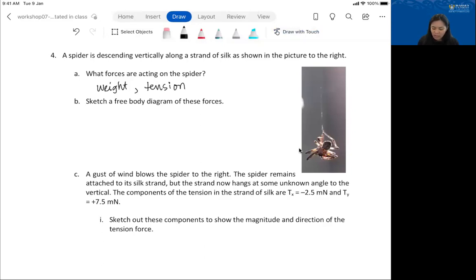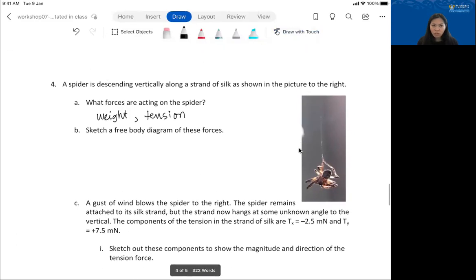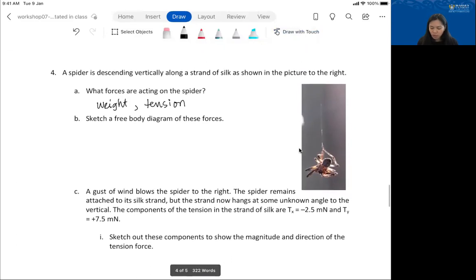Now, next, sketch a free body diagram of the weight and tension forces. Remember, in free body diagrams, if we can, we should sketch the magnitudes.